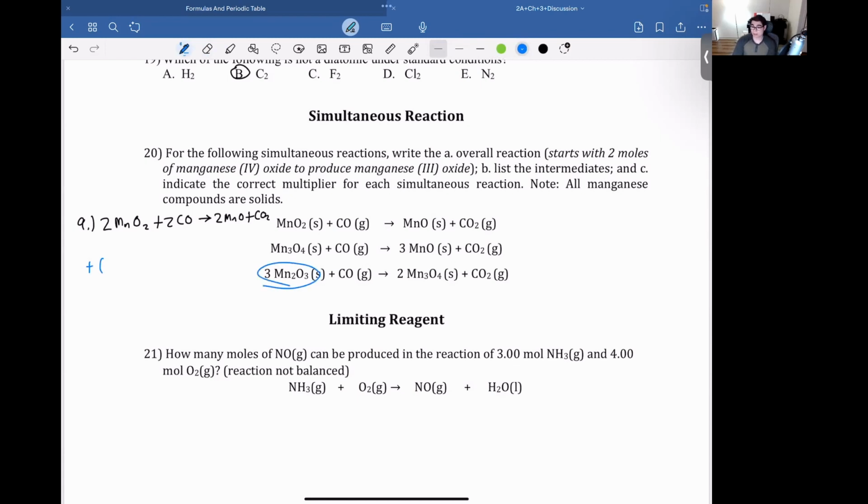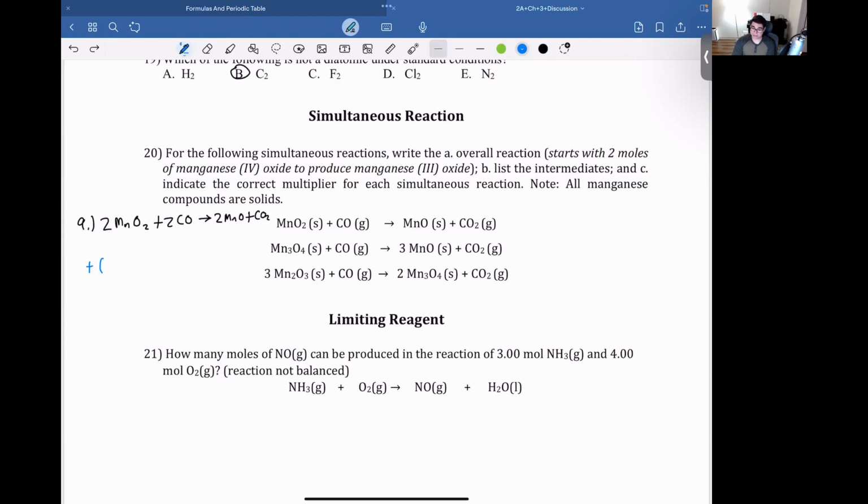So what do I do? You're allowed to reverse this reaction. Why? It's not really clear for you right now, but you'll see in the future, if you're trying to add reactions and get an overall reaction, whether it's Hess's law or looking at net reactions like this, you can reverse reactions.